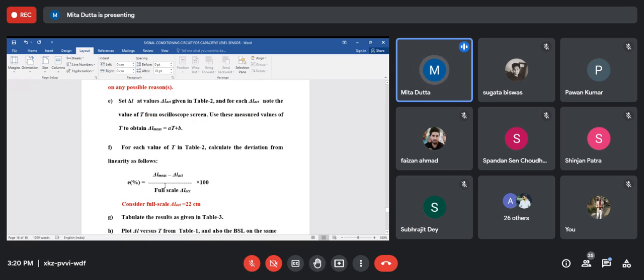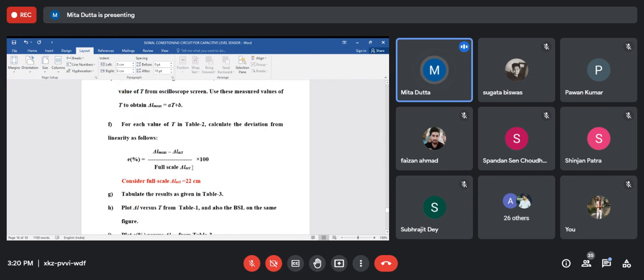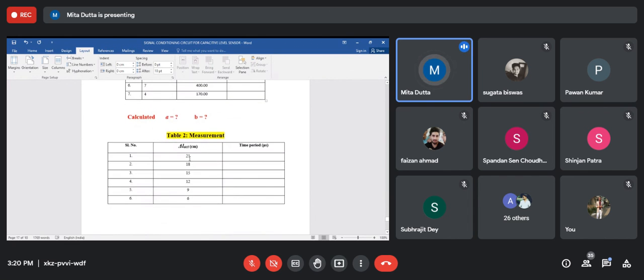Now you have to find out the percentage error, which is based on the measured value of del L and the actual value of del L, which has been provided by you in here. I am giving this time period because I forgot to put the time period here.